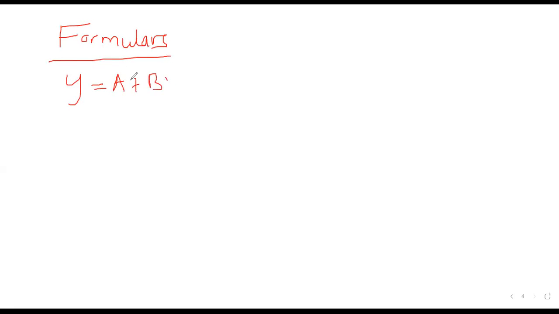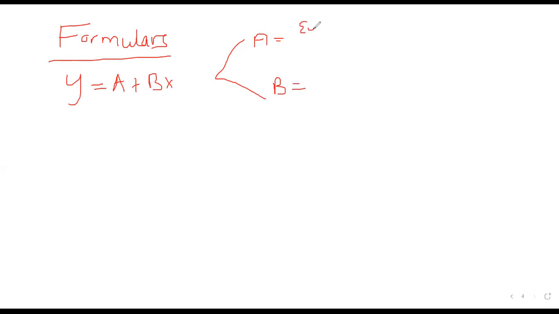The formulas that you need to know are only 8. Number one, we say that the regression equation is given by y is equal to a plus bx, where a is the y-intercept and b is the slope.